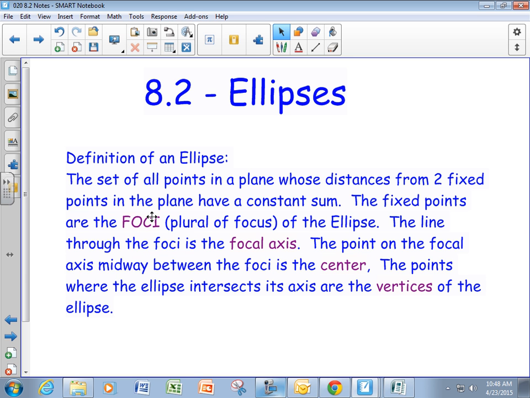So we are going to have basically two focuses, or foci, in an ellipse, as opposed to the parabola that just had one focus. The line through the foci is called the focal axis. The point on the focal axis midway between the foci is our center, and the points where the ellipse intersects its axis are our vertices.